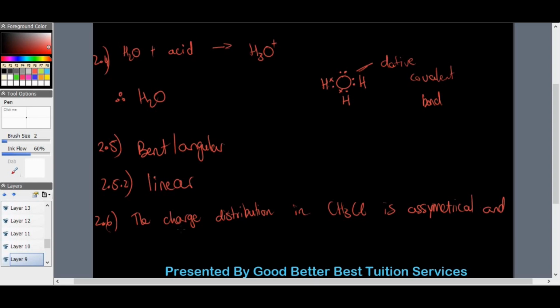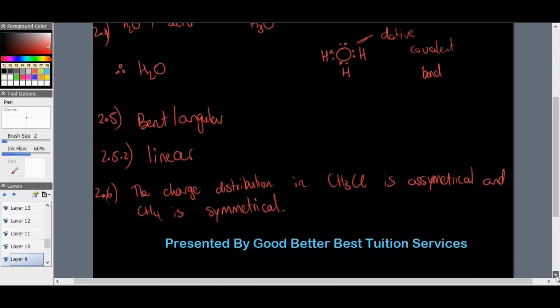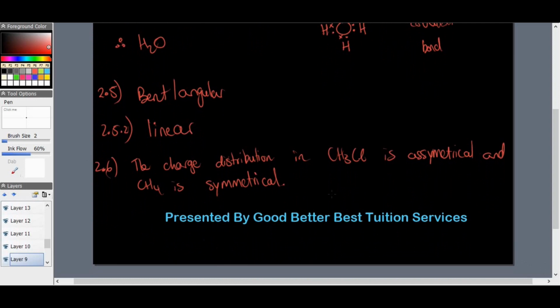and CH4 is symmetrical, in the way the charge distribution is. But another reason, the one that I like, is that the chlorine has a higher electronegativity than hydrogen.